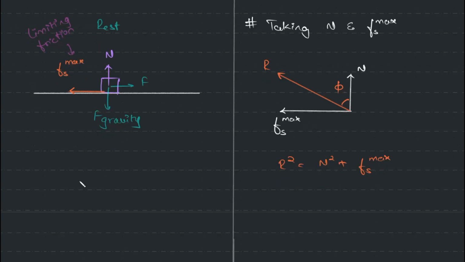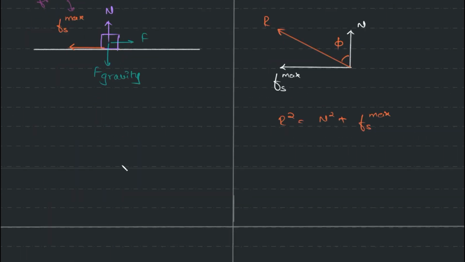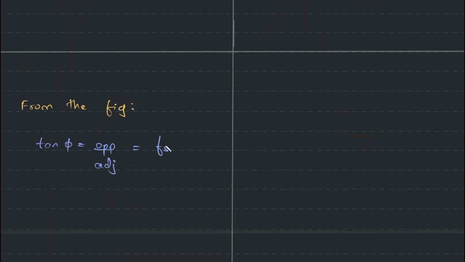Okay, so a bit of math and we are done. From the diagram, what can you tell? I hope you have that diagram in your mind. From the figure, you have tan of phi. Tan has to do with opposite by adjacent. Opposite is your Fs max and adjacent is your normal.